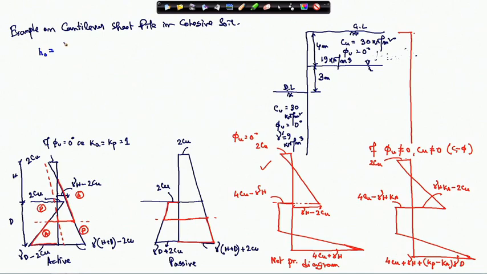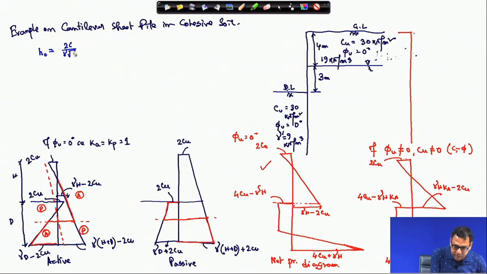The no tension crack depth H0 is 2 C by gamma root Ka. Now, 2 C is 30, gamma is 19, because H0 will be above the water table, and Kp, this is root 1. So, this value is 3.2 meter. So, your H0 is 3.2 meter.